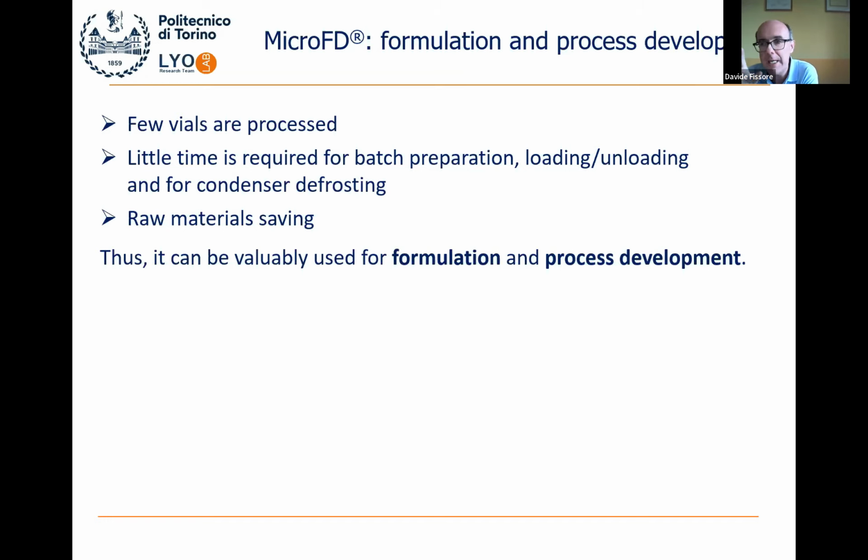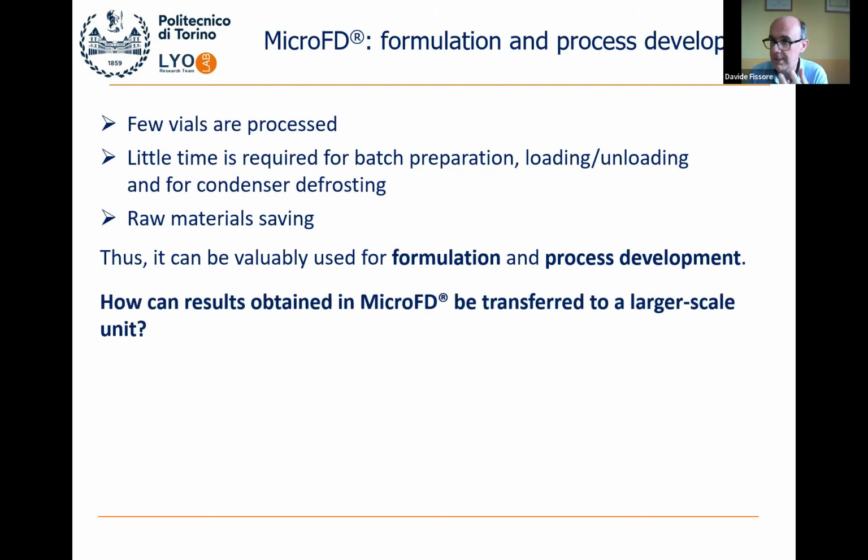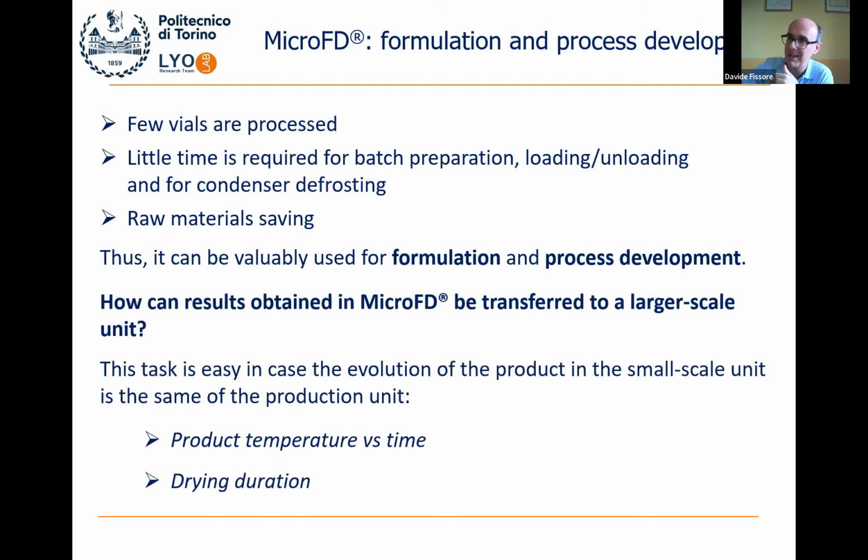You need to change something in your process. You need to modify drying duration. You need to change the value of the operating conditions in such a way that what will occur in the manufacturing stage will be the same you have observed at a smaller scale.